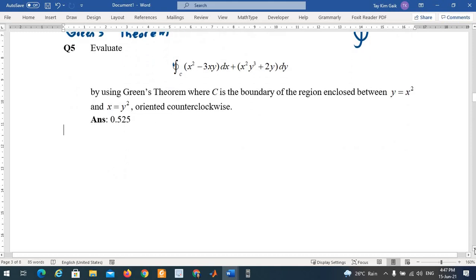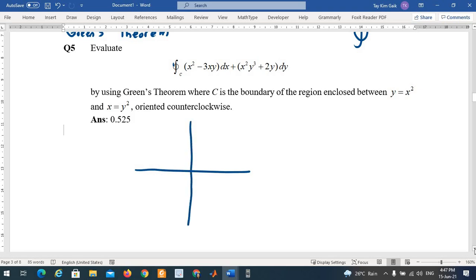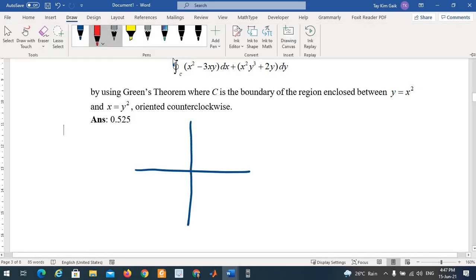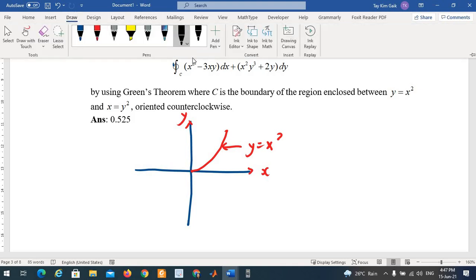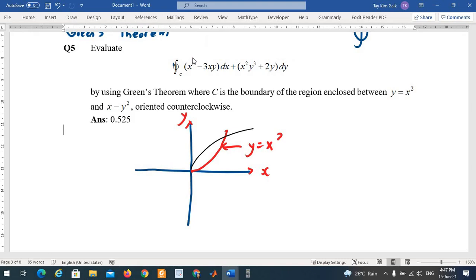So we plot out the region R. This is here, y equal x squared in the first, okay, I just draw the first quadrant. And then x equal y squared. The black color is x equal y squared.